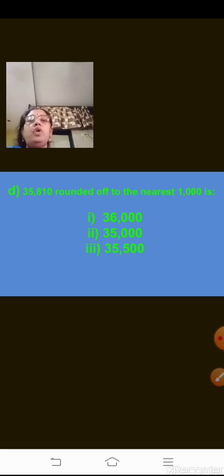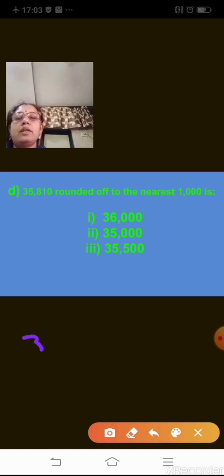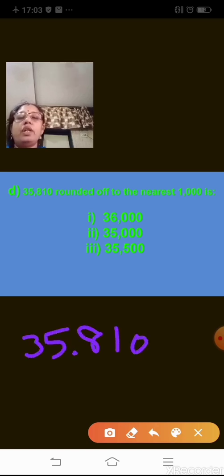Coming to the next sum, you have to round off the number to the nearest 1000. 35,810. You see this? You have to round it off to the nearest 1000. So the 5 you have to round off.